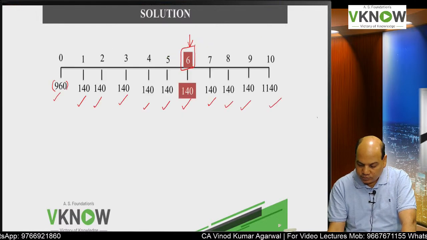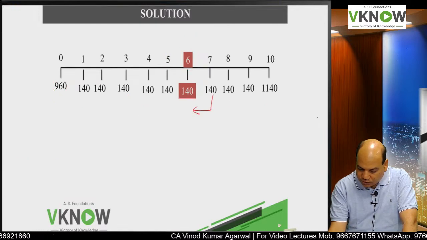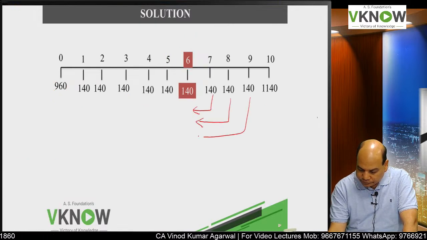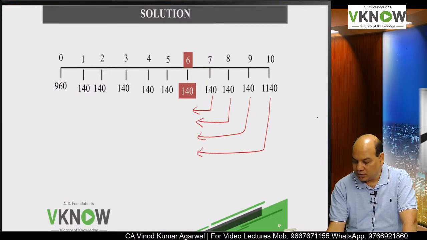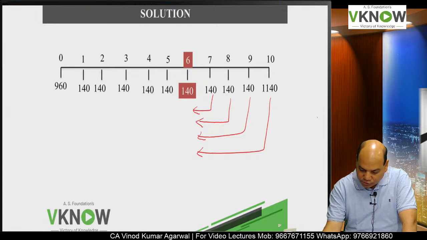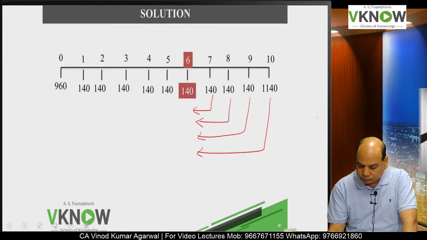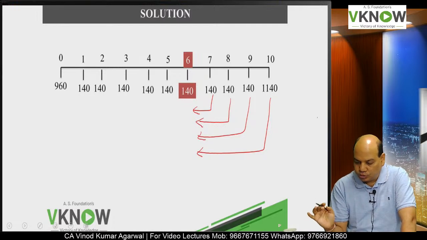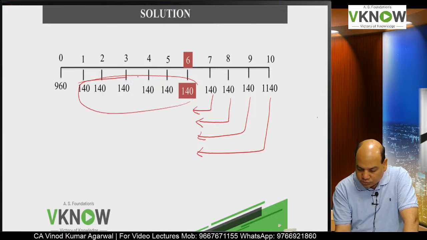We have to find out what will be the value of the bond at the end of 6th year, and for that we will have to discount these cash flows using 14% discount rate. So two calculations I have to do here. First I have to calculate the future value of the coupon.